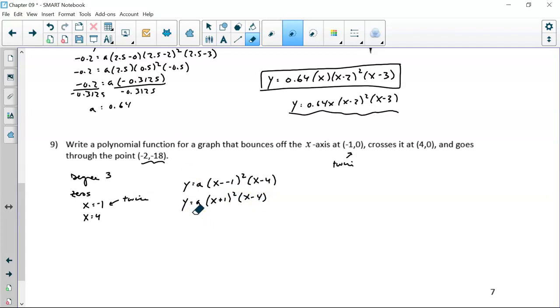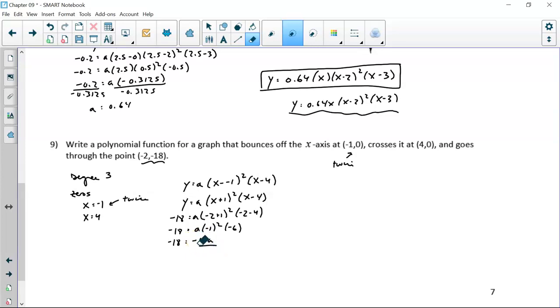So now, using the point negative 2, negative 18, negative 18 equals a, negative 2 plus 1 squared, negative 2 minus 4. Negative 18 equals a times negative 1 squared times negative 6. So negative 1 squared is 1. 1 times negative 6 is negative 6, so it's negative 6a.